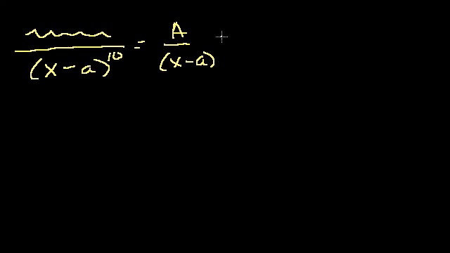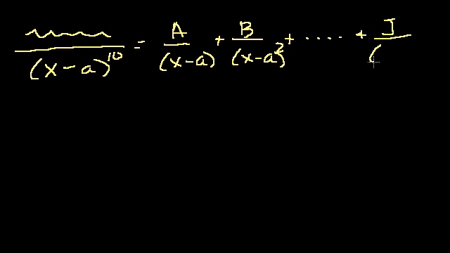It's a different a. I'm just showing this for plus b times x minus a squared plus, and you go on. You'd have 10 terms plus, I don't know what the 10th letter of the alphabet is, maybe it's J, J over x minus a to the 10th.